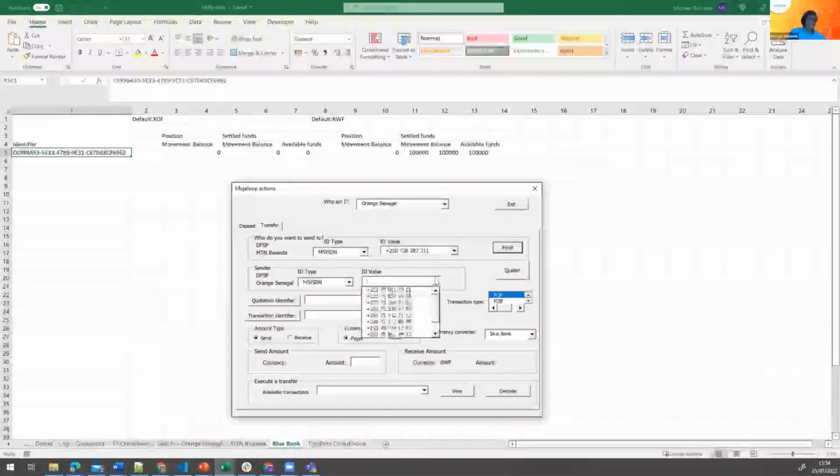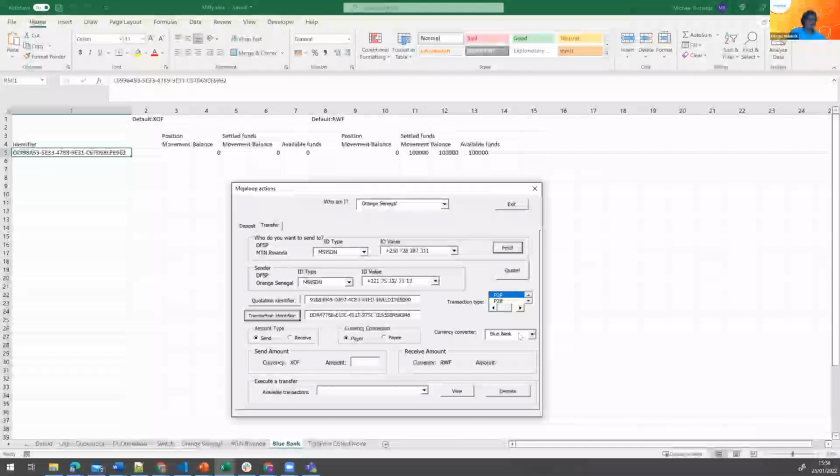So I'm sending from somewhere in Orange Senegal. You'll notice the amount type can be send or receive. The currency conversion can be done either by the payer or the payee. And we've got a currency converter over here called Blue Bank. So I'm going to send 5,000 West African francs. I can see over there what it's going to be.